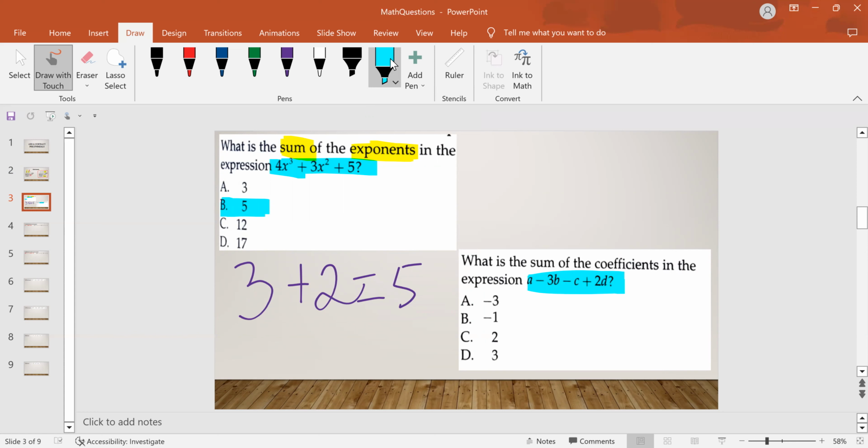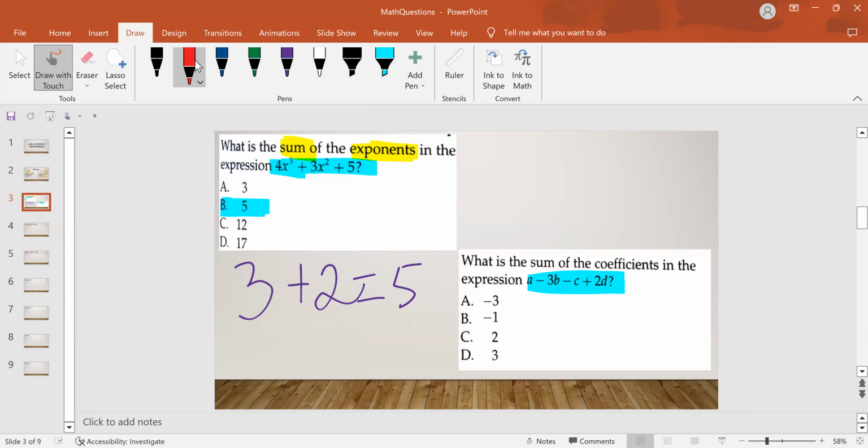Now, coefficient, we say that's the number on the left side of the variable, and that number is multiplying the variable. A is the first variable, right? And we don't see any number in front of that A. But you have to understand that no number there means an invisible 1.